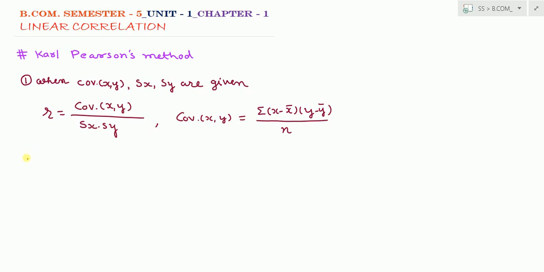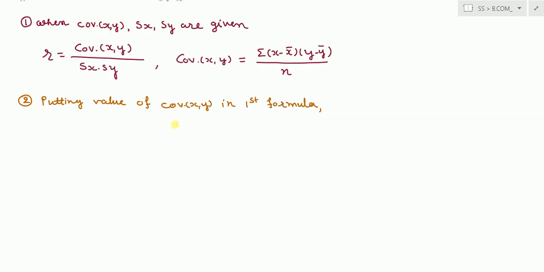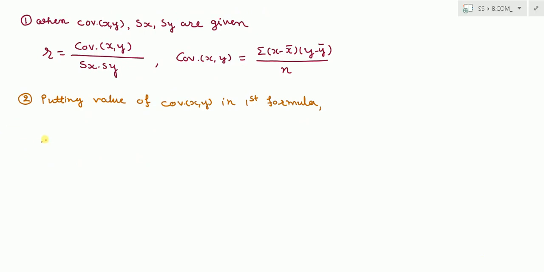For the second formula, we put the value of covariance xy in the first formula, and we will get our second formula. r is equal to, instead of covariance xy we have to put this one.